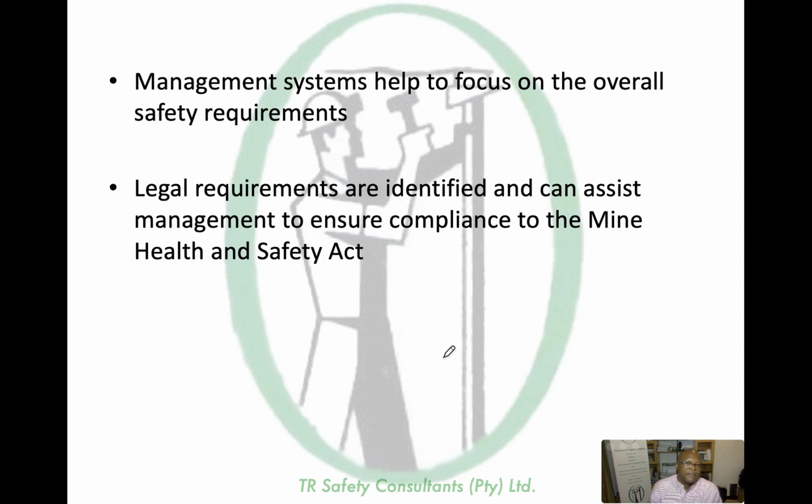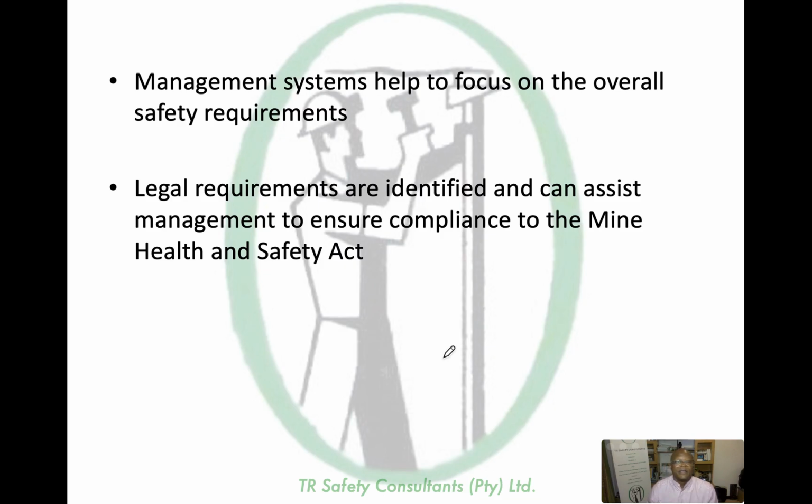Now, the management systems also help to focus on the overall safety requirement. Auditing the management system is very important, because you want to know what safety requirements are being complied to and which ones are not adequately being addressed. So you only identify those via your audits. That's why I said the purpose is to check for effectiveness and efficiencies of those systems in your safety management requirements.